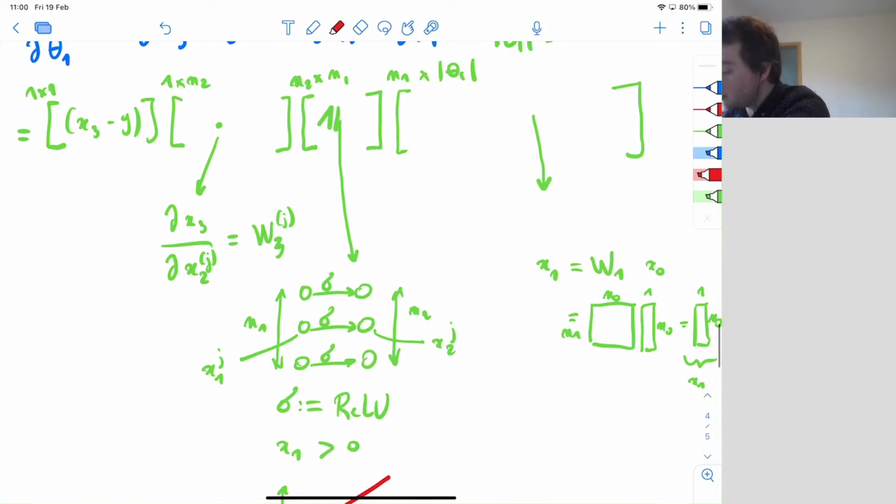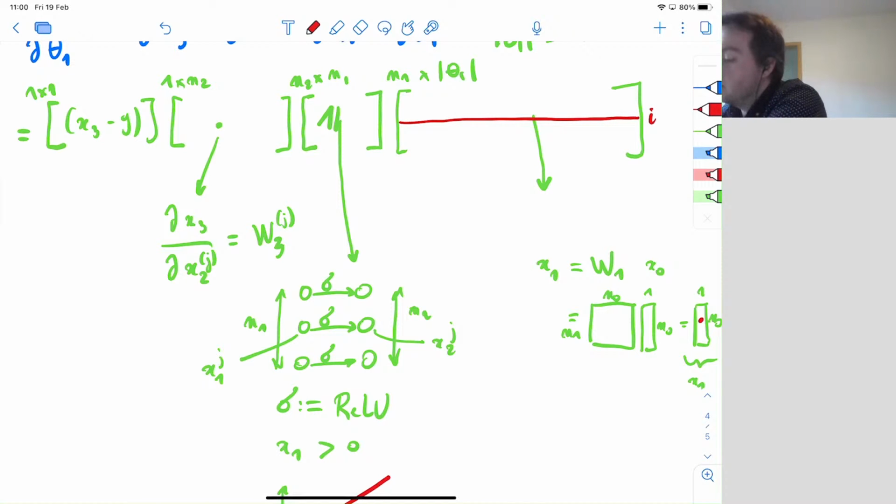And so, for example, if we look at the entry here, the element I in the vector x1, this element I is actually associated to this row in the Jacobian.